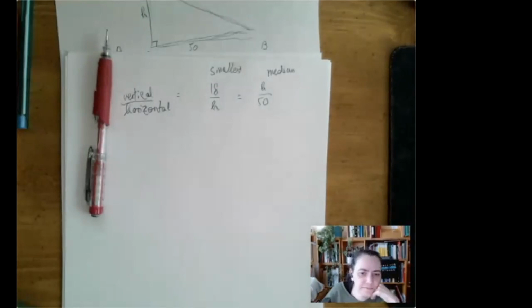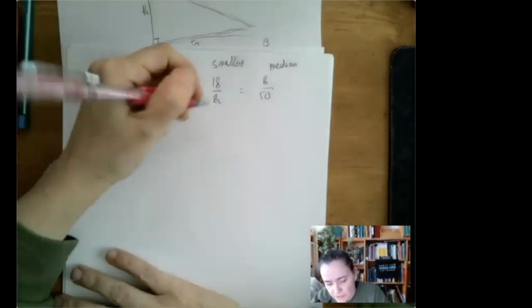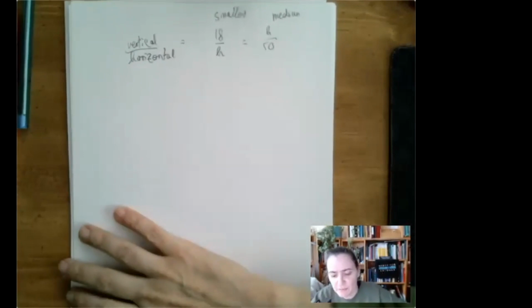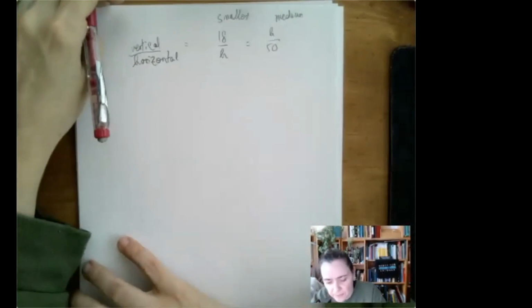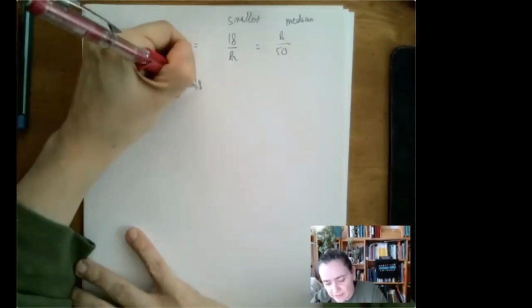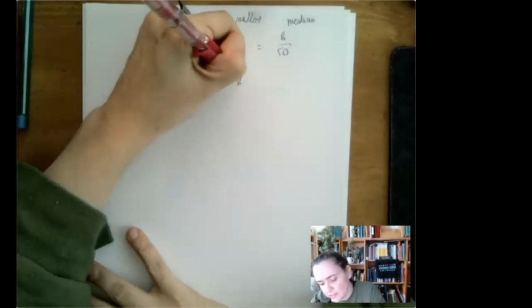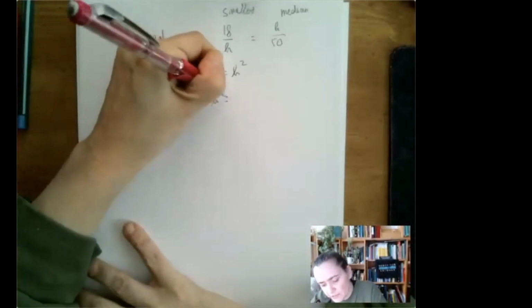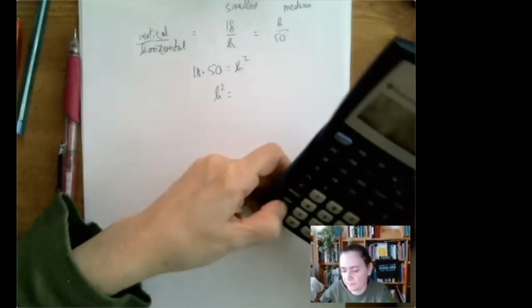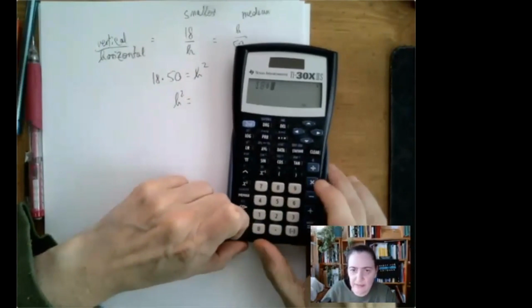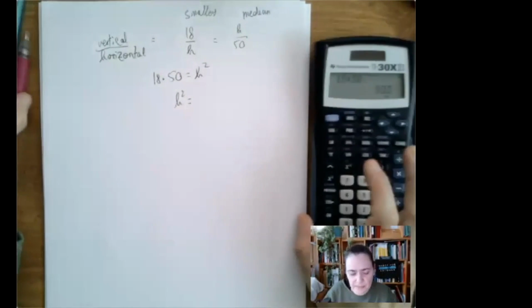So we could say we multiply both sides by 50H or cross multiply. Either way, what we're going to get is 18 times 50 equals H squared. So H squared equals 18 times 50, 900.